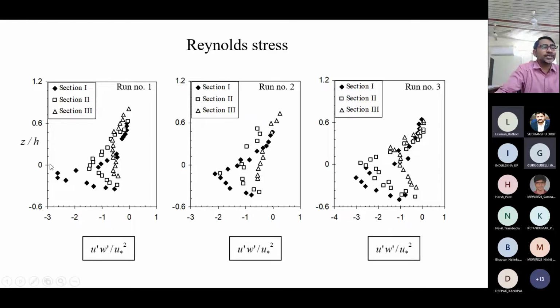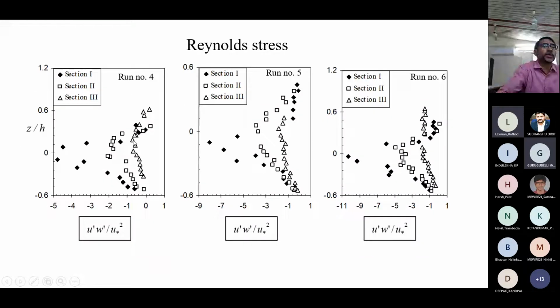And you can also see in this initial section that at zy at 0, you have the maximum value. It is maximum in the sense of negative, because it is negative. This goes to the maximum value here, and similarly in all other sections, runs 4, 5 and 6.